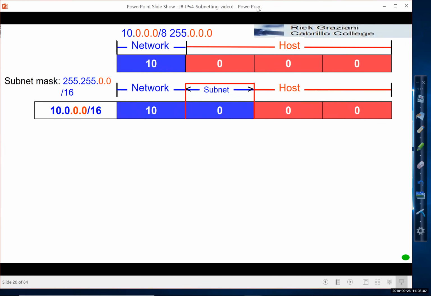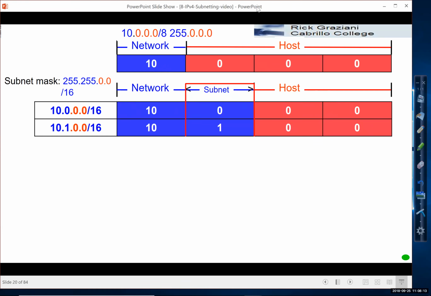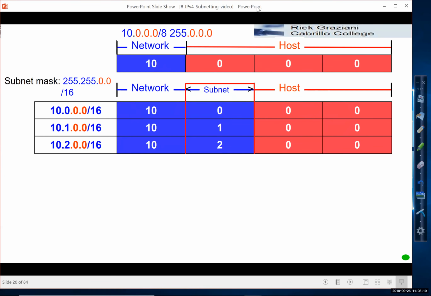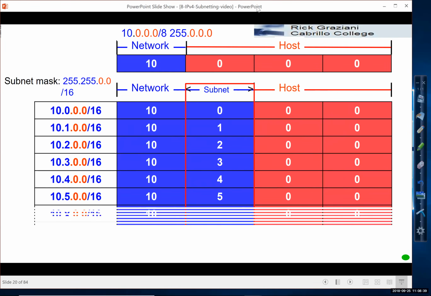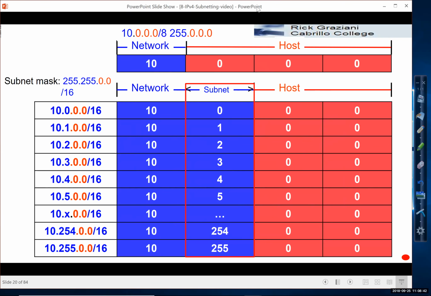Looking at it in decimal, we have the 10.0.0.0/16 network, the 10.1.0.0/16 network address, 10.2.0.0/16, etc. It's important to recognize that it's the subnet mask /16 that tells us that the first 16 bits, the first 2 octets, belong to the network portion. We can keep going all the way to 255. This gives us a total of 256 subnets, including subnet 0, all the way to 255.